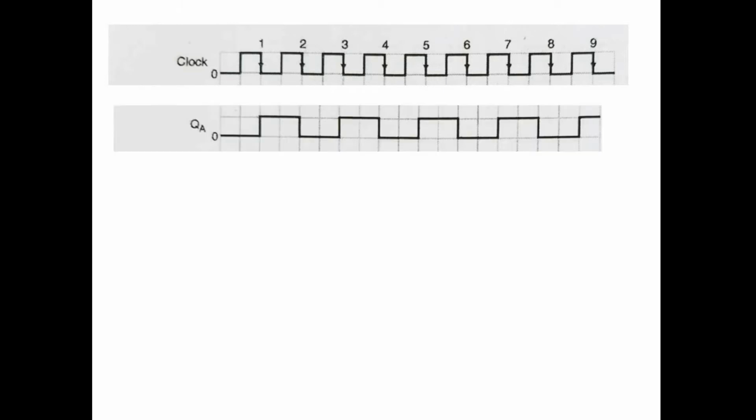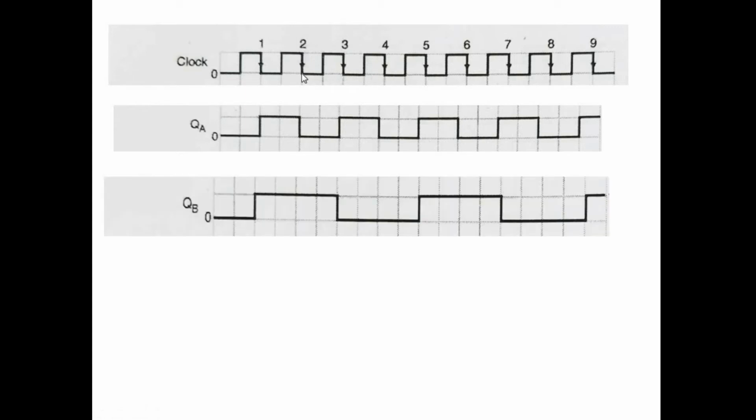So you can see the output of the first flip-flop A. Here when the clock goes from high to low, the output changes its state. Initially it was 0, it changes its state to high. In the next negative triggered clock pulse, going from high to low, the output of Q, which was high, changes direction and becomes low.